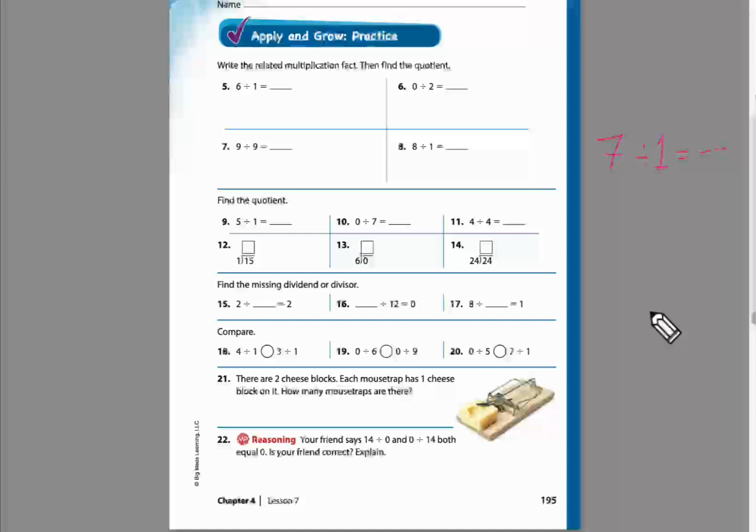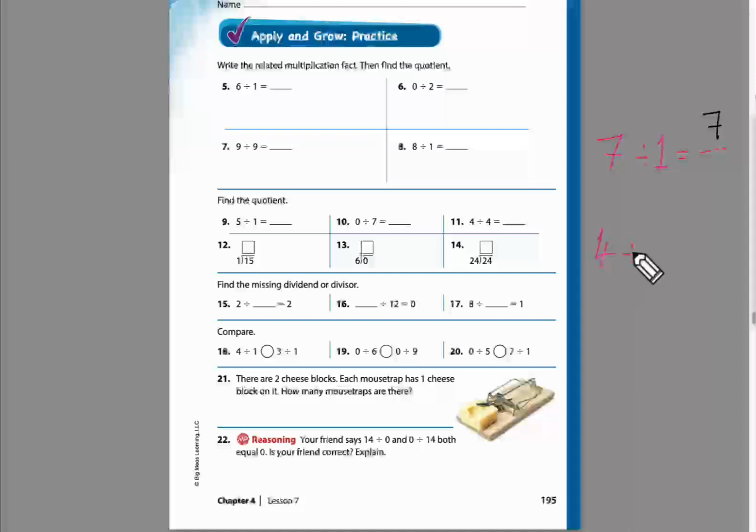Yes, teacher. 7 divided by 1 equals 7 because 7 multiplied by 1 equals 7. Excellent, Abdulaziz. Thank you.